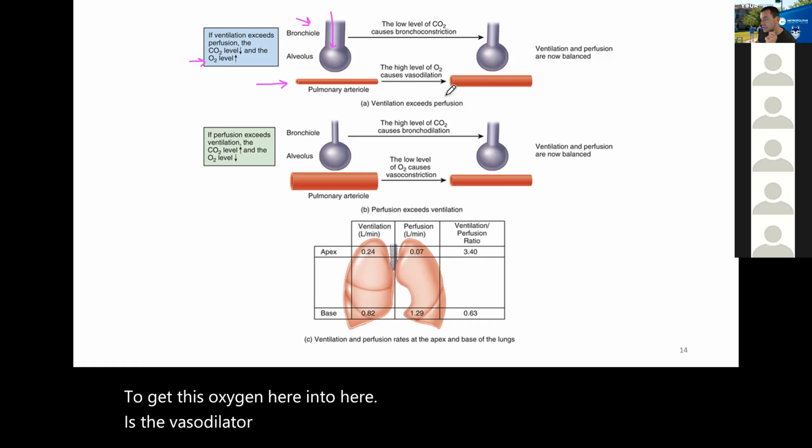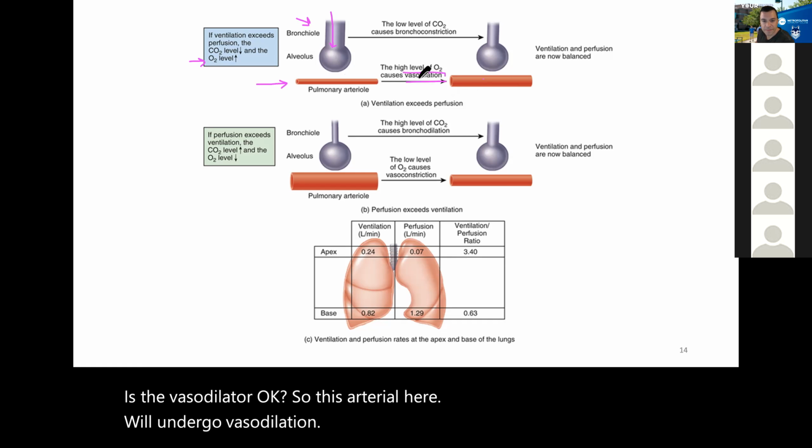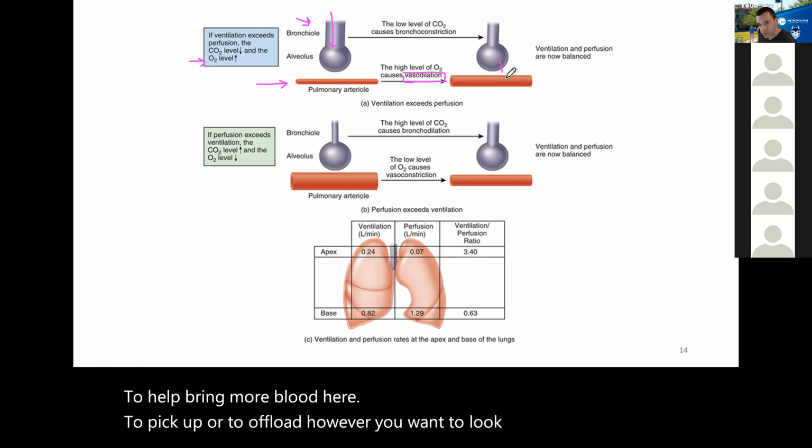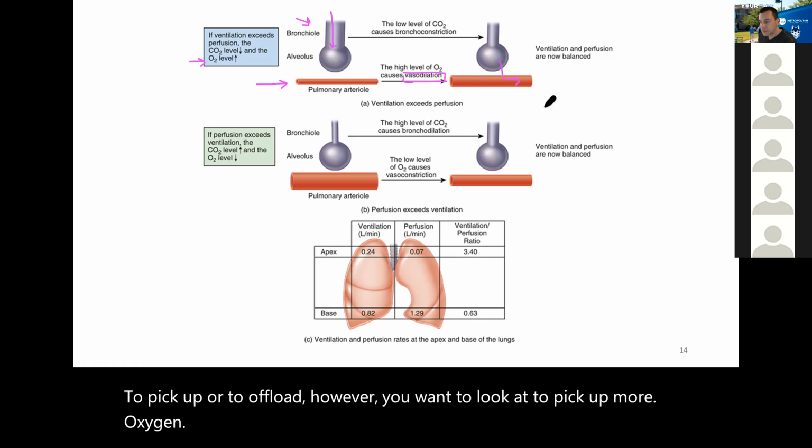So this arteriole here will undergo vasodilation, right? To help bring more blood here to pick up, or to offload, however you want to look at it, to pick up more oxygen. So this helps to balance oxygen concentration gradients.